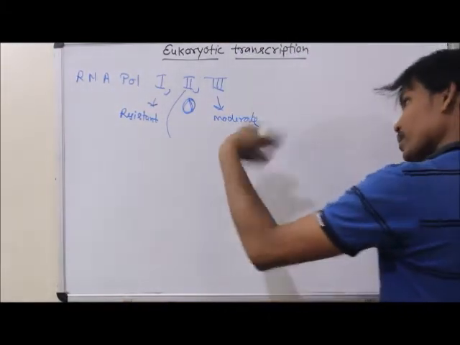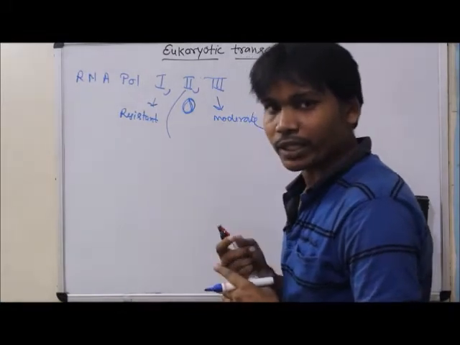So this was the chloroplast and mitochondria; mitochondria also resemble prokaryotic RNA polymerases.